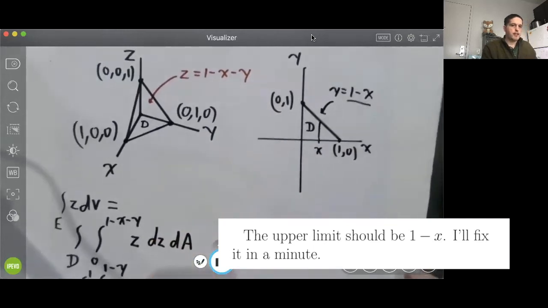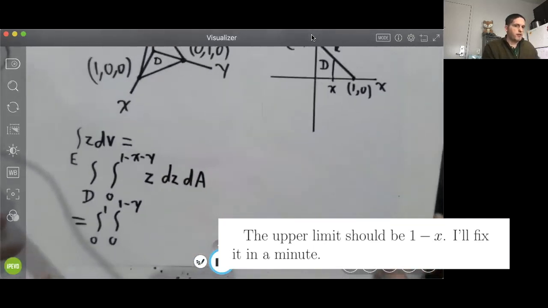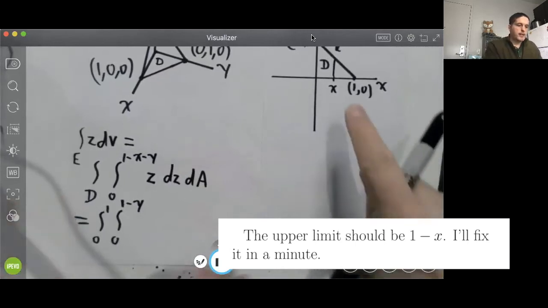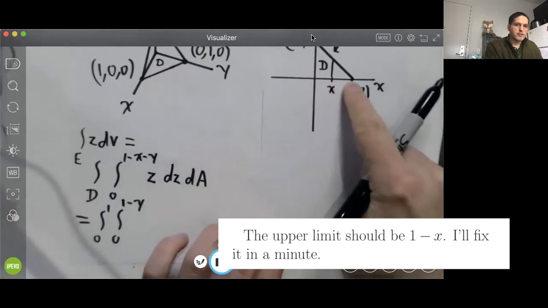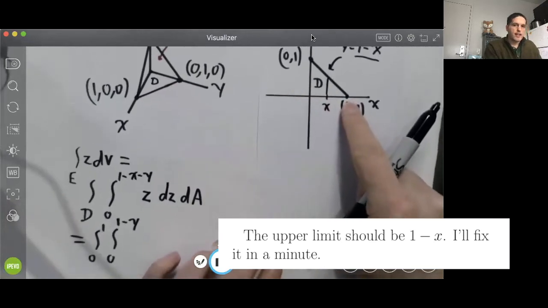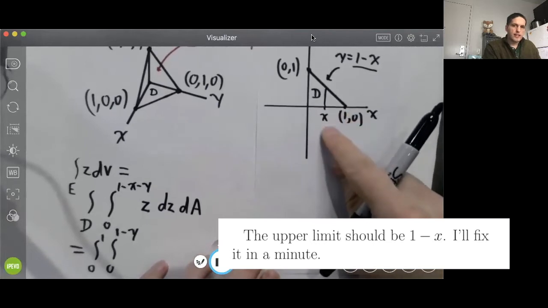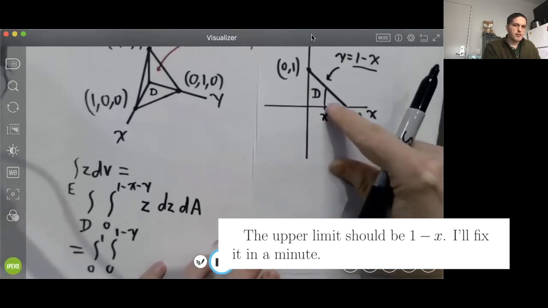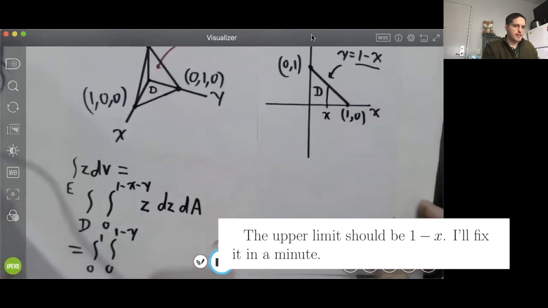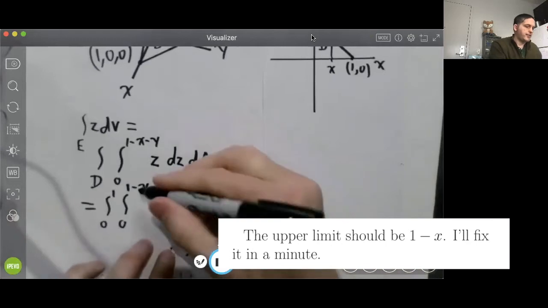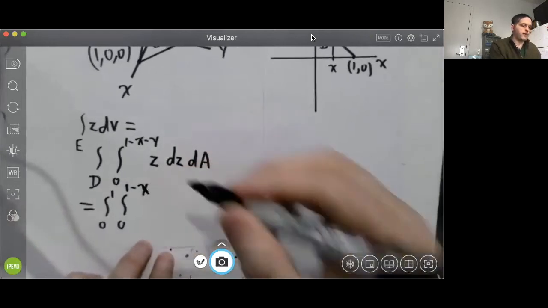So when we integrate over this region D, you can imagine x goes from 0 to 1, and for any specific value of x, y goes from 0 up to 1 minus x. So here, I should have a 1 minus x.